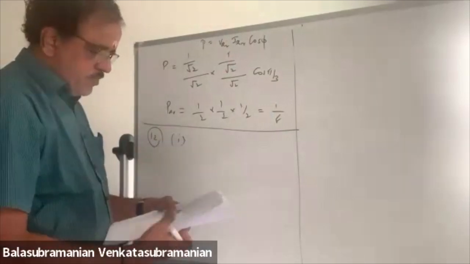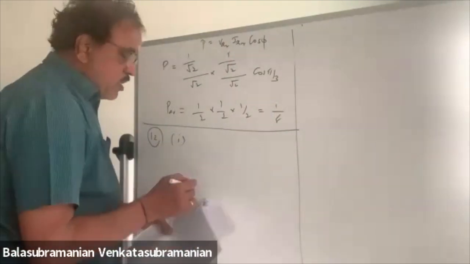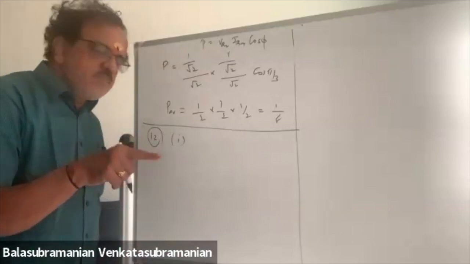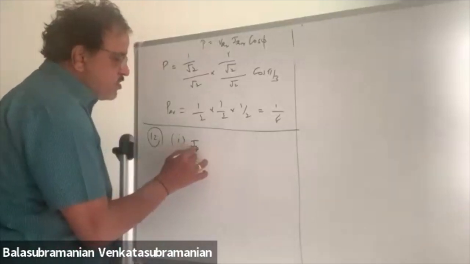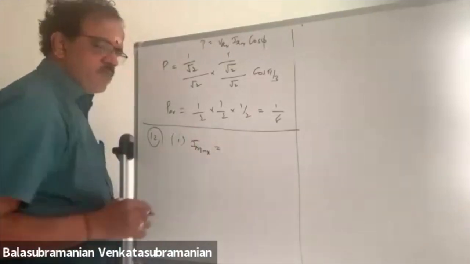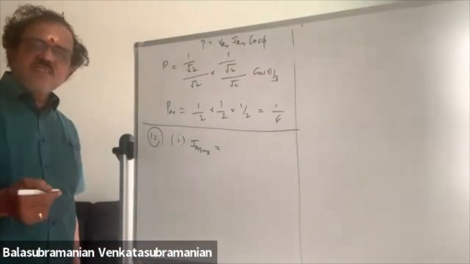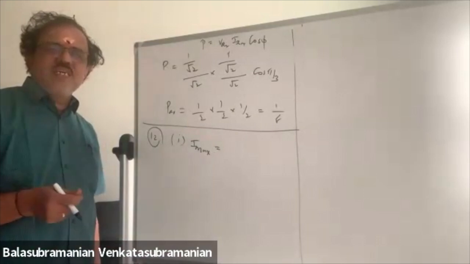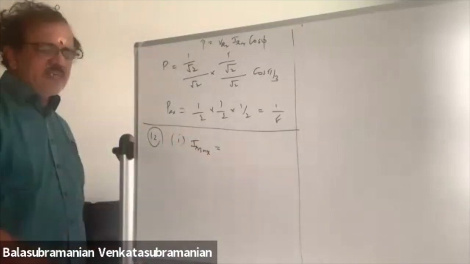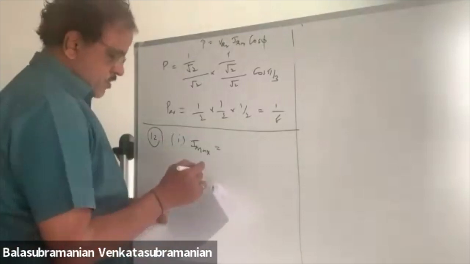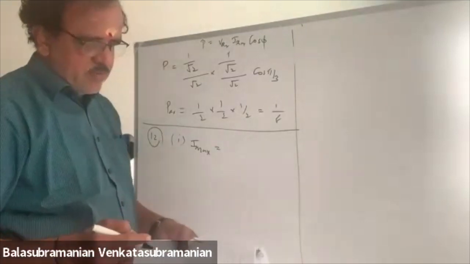First part, maximum power means current should be maximum. Maximum current means it should be resonance. Maximum current means XL is equal to XC. XL is equal to XC means maximum current only we will get. What is the formula here?